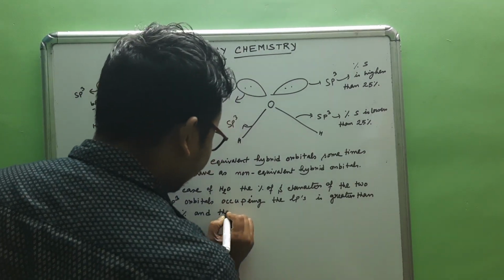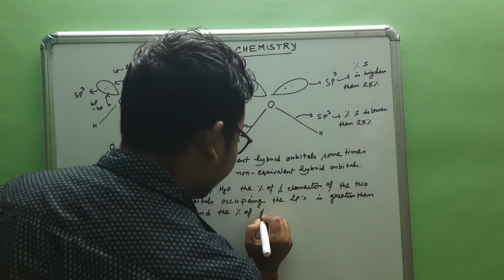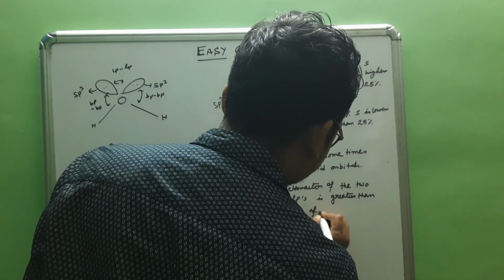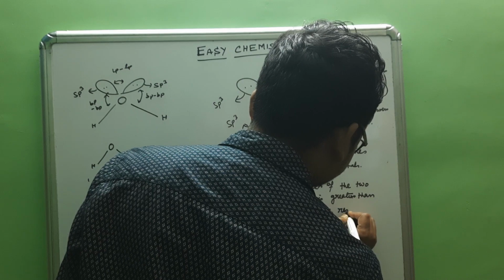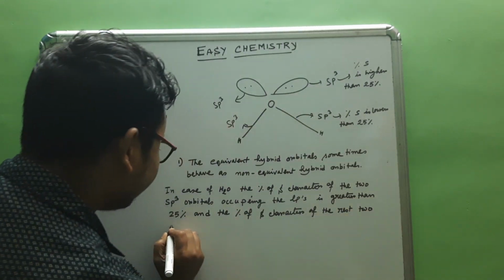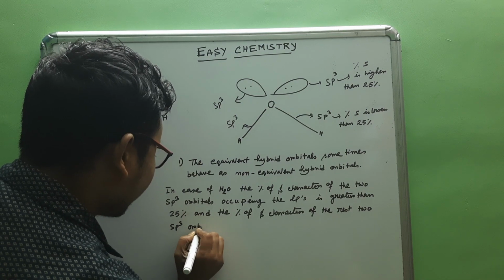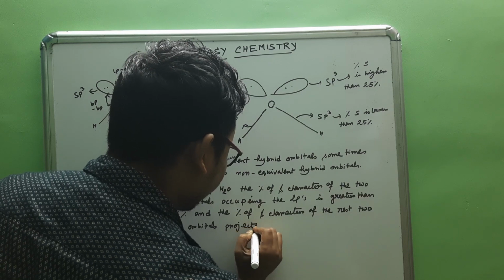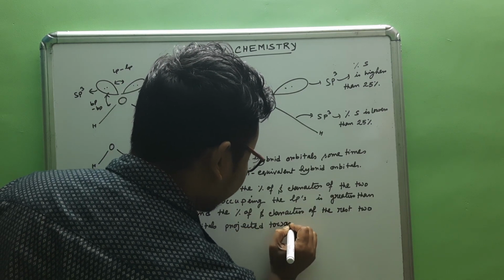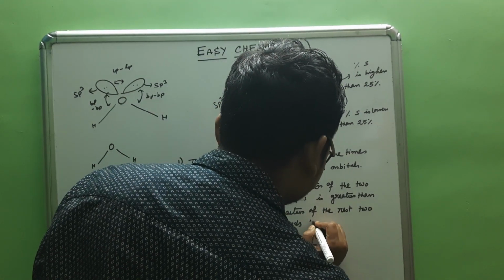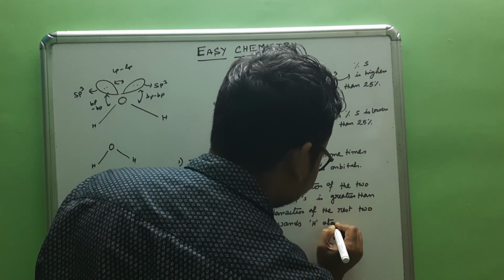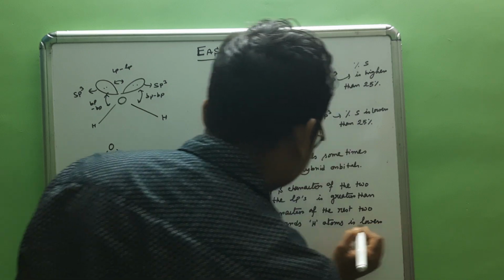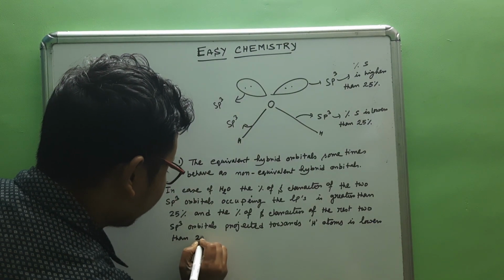and the percentage of S character of the rest two sp3 orbitals projected towards hydrogen atoms is lower than 25%.